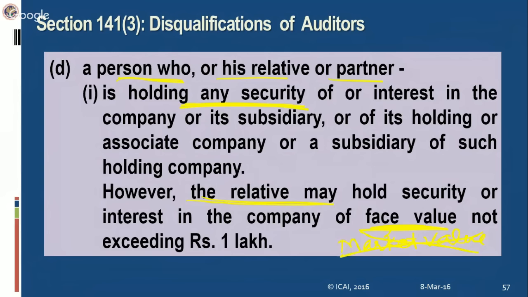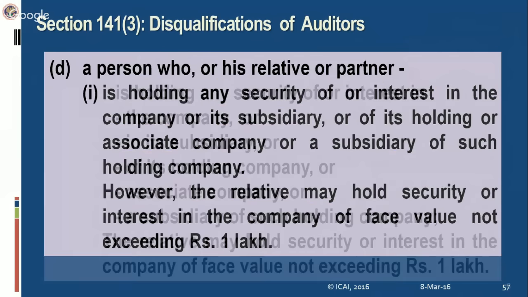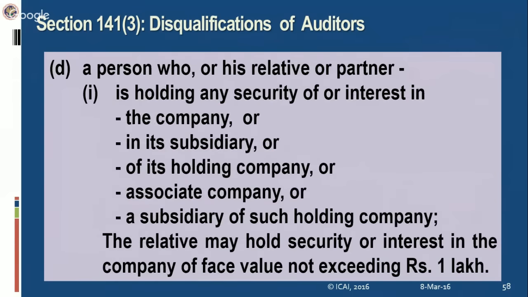A person who or his relative or partner is holding any security of or interest in. Now here again there are possibilities: in the company or its subsidiary or its holding or associate or subsidiary of such holding company. I am discussing 141, 3D1.